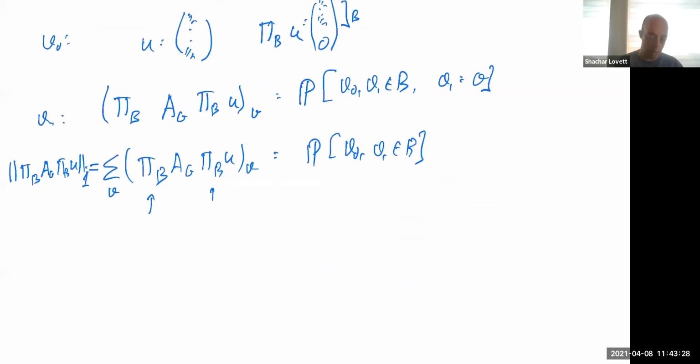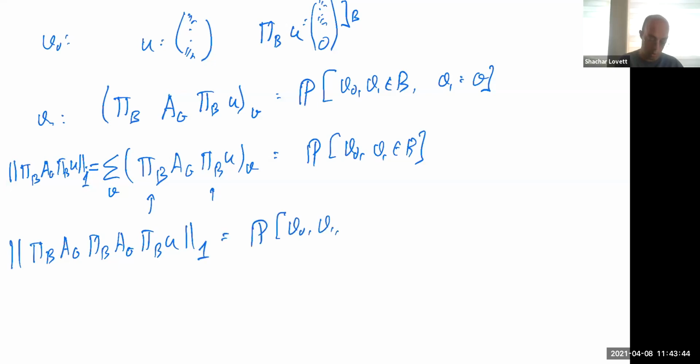If you look at t equal to 2, then π_B A_G π_B A_G π_B U in L1 is exactly the probability that V0, V1, and V2 are in B. I know this might be a bit hard to parse, so maybe take 10 to 20 seconds, think about it, and see if you have any questions on that.